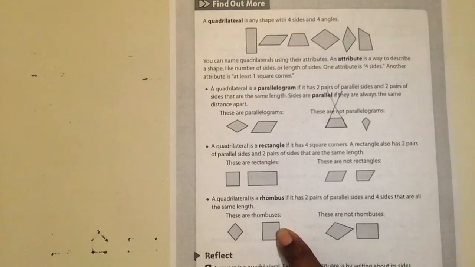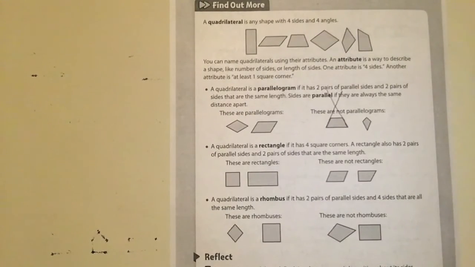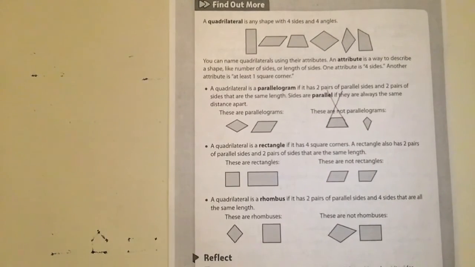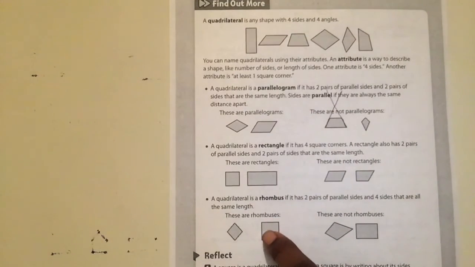Now, we've already talked about a rhombus. Let's get into more of what a rhombus is. A rhombus has two pairs of parallel sides and four sides that are all the same length. So, in order to be a rhombus, you just have to have four sides, and all of the sides have to be parallel and the same length. We know that one's a rhombus. Curveball.